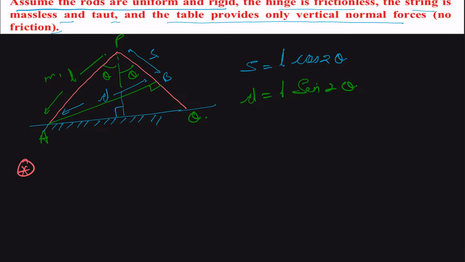So you can say, and the hinge we are going to consider is our A. Sorry, not A, my mistake.